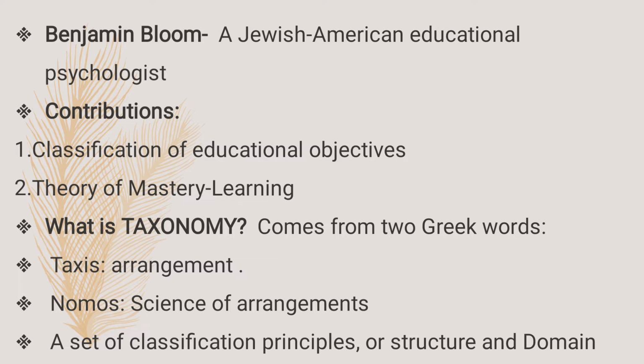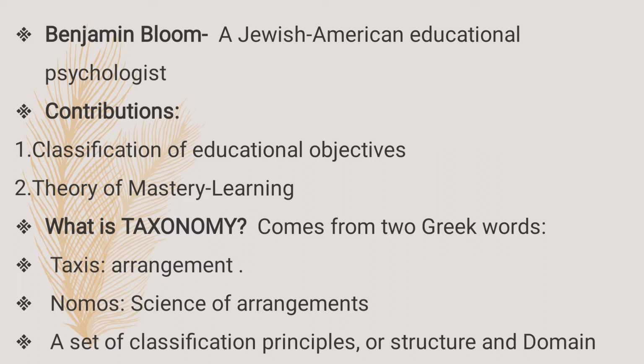He has defined the objectives under three main domains, namely psychomotor domain, affective domain and cognitive domain. He has also given the theory of mastery learning. So Bloom has given the classification of the educational objectives and the theory of mastery of learning.